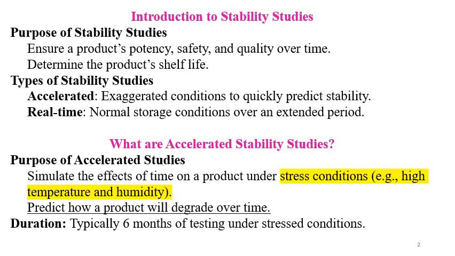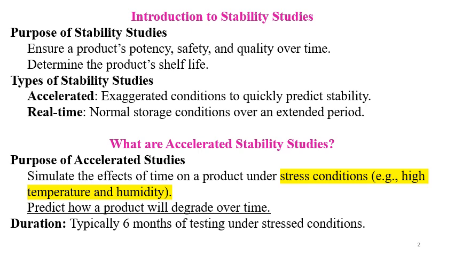Now, what do we mean by the accelerated condition or accelerated stability studies? What is the reason for performing the accelerated stability? See, the accelerated conditions simulate the effect of time on a product under the stress conditions. That means the storage conditions are harsher than the normal storage conditions.